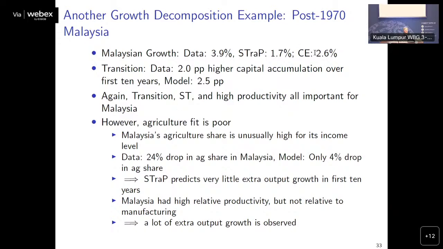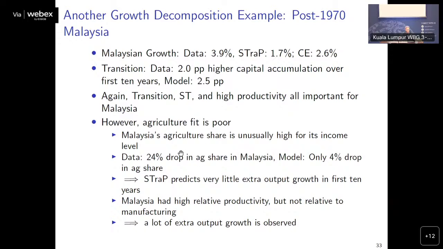What the model wants to say is that in 1970, given Malaysia's level of income, when we start having data, there shouldn't be a ton of resources in agriculture. And so there's not a lot of room for additional growth coming out of agriculture, which is why this is not much higher than the US. And it should rapidly move out.